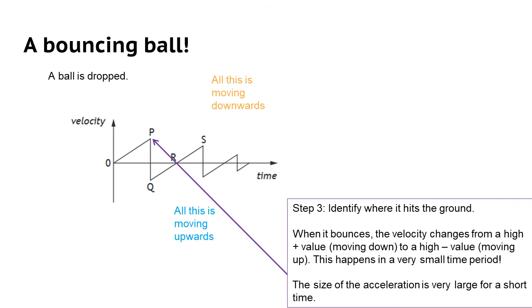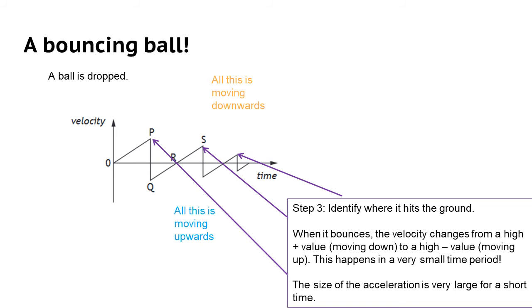So this basically happens between P and Q, and between S and the bit at the bottom here, and this unknown point here, and this unknown point down here. So these are the points where it's actually bouncing, it's rebounding. It hits the ground at P, S, and this point here.